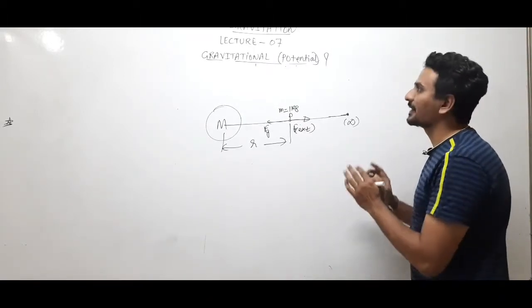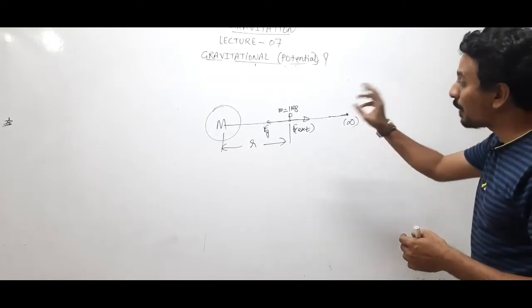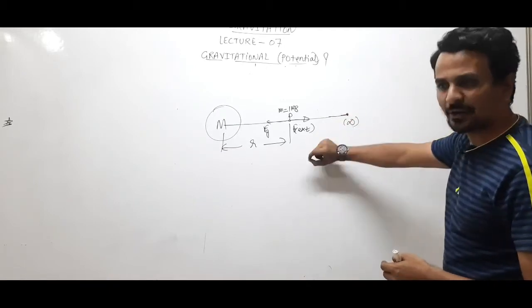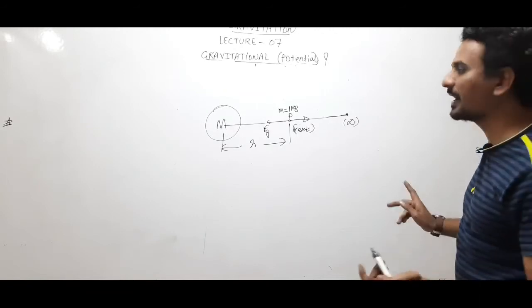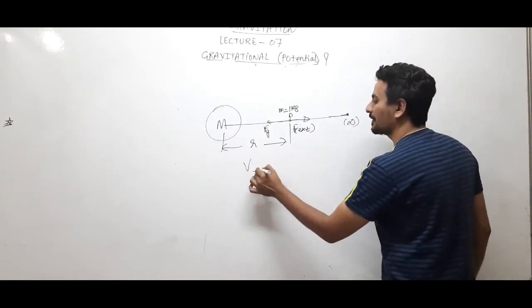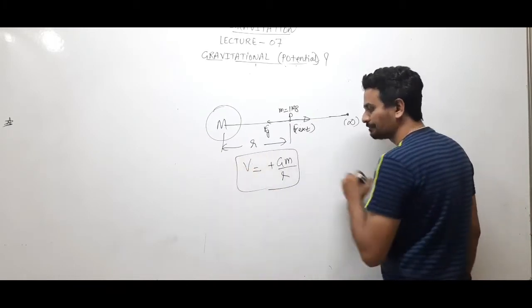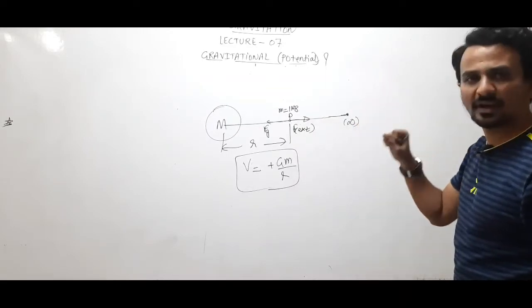So we can define the gravitational potential such that it is the work done by the external force to bring a body of unit mass from a point P to infinity. Right? The only difference will be that the potential will be plus GM by r. This is when you are taking the body from point P to infinity.